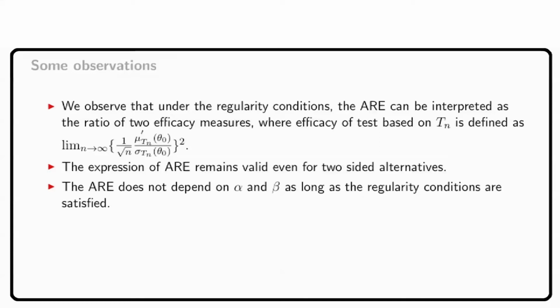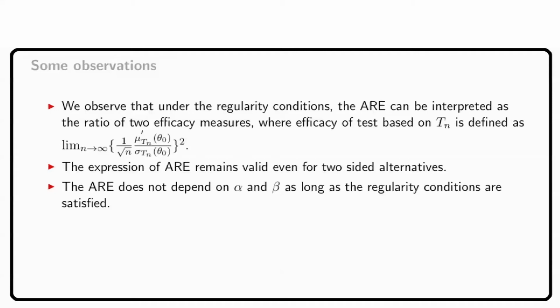Next we get a remark. The expression of ARE remains valid even if the alternative is two-sided. The ARE does not depend on alpha and beta so long as the regularity conditions are satisfied. Thus, unlike fixed sample efficacy, the ARE does not suffer the disadvantages.